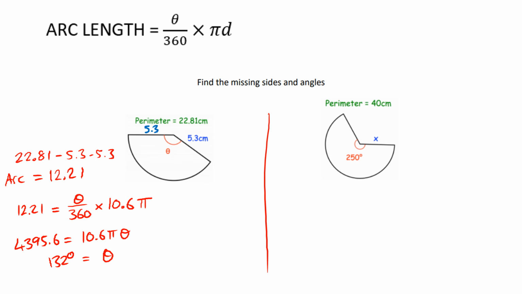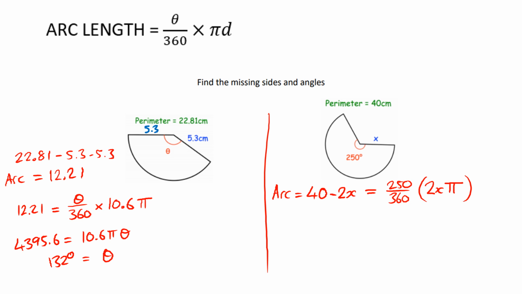Okay, last task, I'd like you to try and do the same with the question on the right. Unpausing with answers in 3, 2, 1. So can you see the problem here? We don't know what x is, and we're given a perimeter of 40. So we're actually going to have to start by saying that the arc length is 40, take away those two radiuses, take away those two x's.